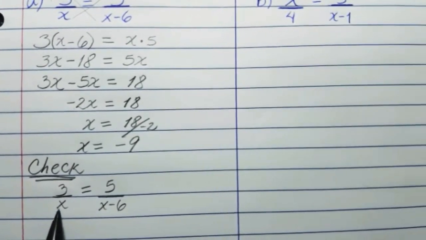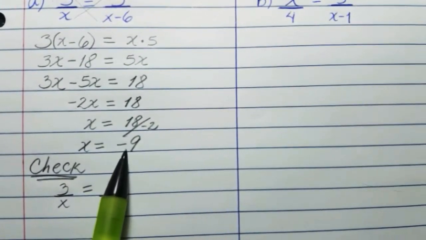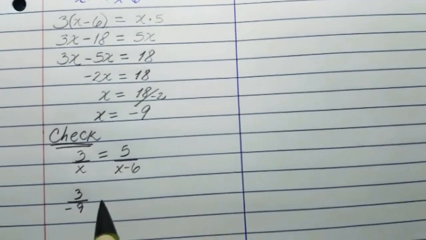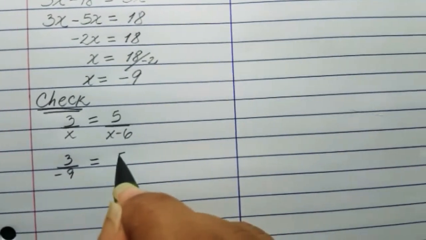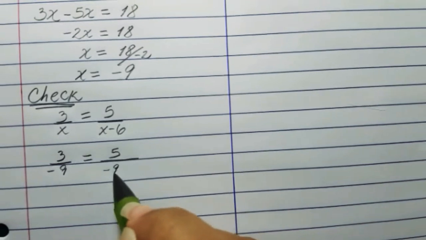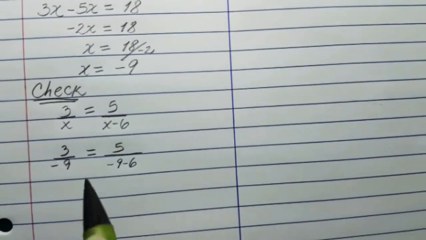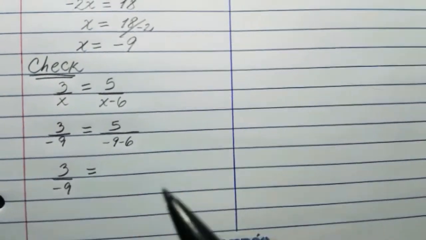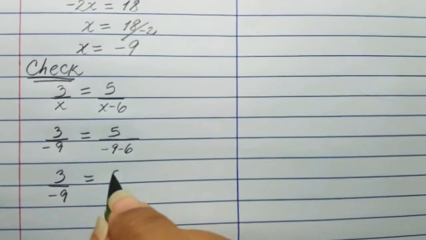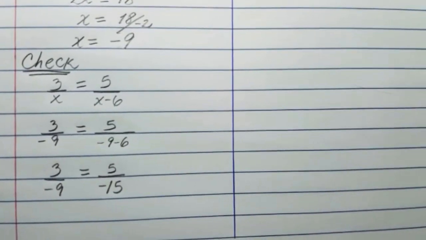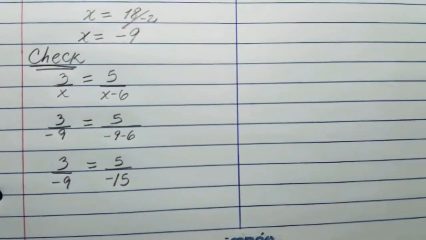And I'm going to substitute the x with the solution we got. 3 over negative 9 equals 5 over negative 9 minus 6. 3 over negative 9 equals 5 over negative 15. They don't look equal, but we can simplify to check that.